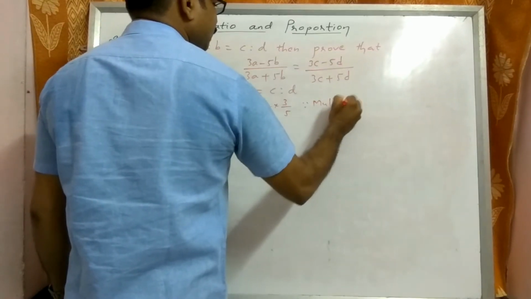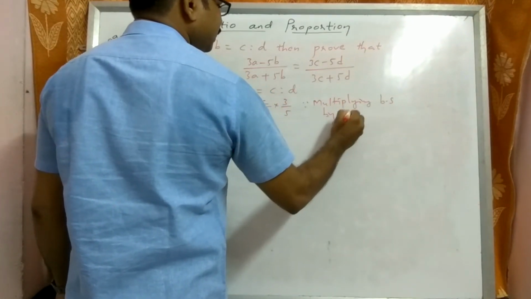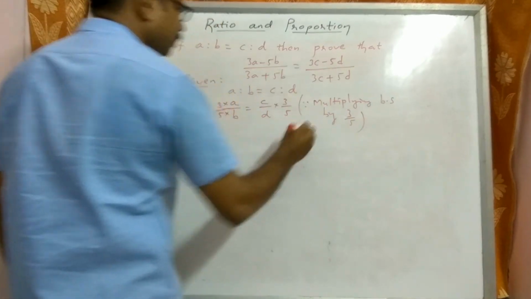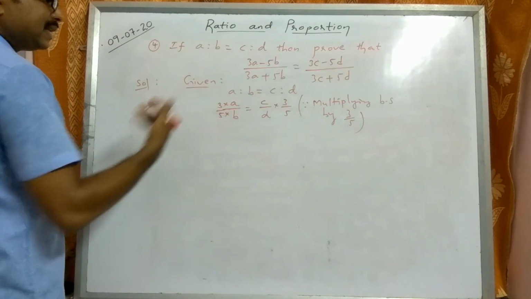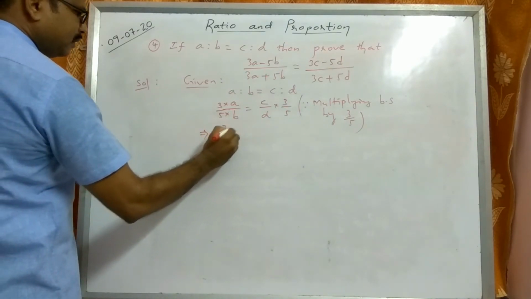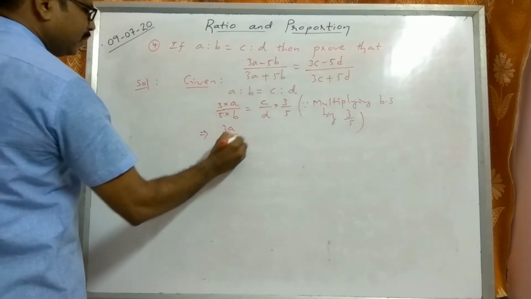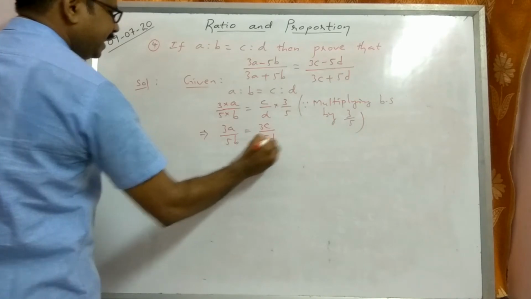Since multiplying both sides by 3 by 5, there will be no problem. 3 by 5 gets cancelled, then you will get the same thing. Okay, so what is remaining here? 3a by 5b equal to 3c by 5d, right?